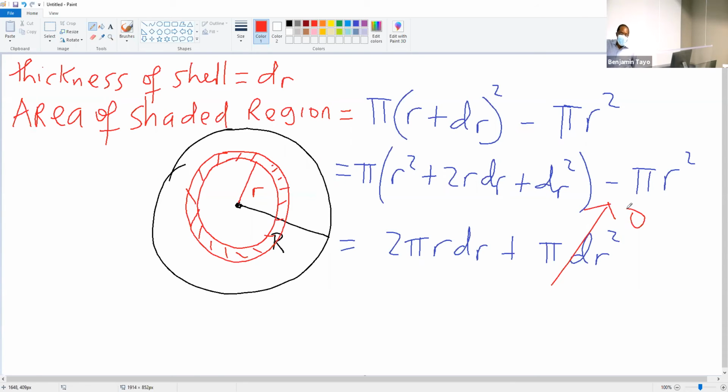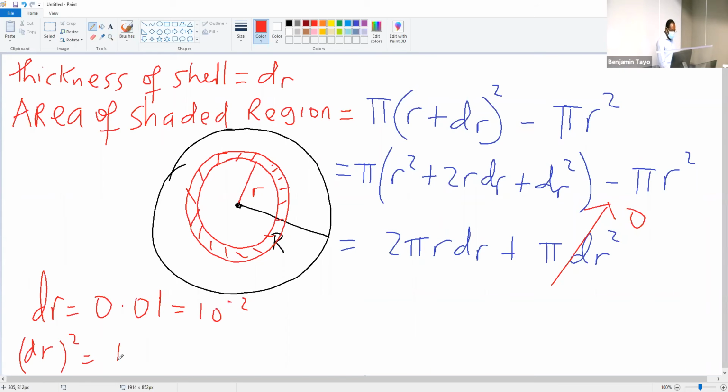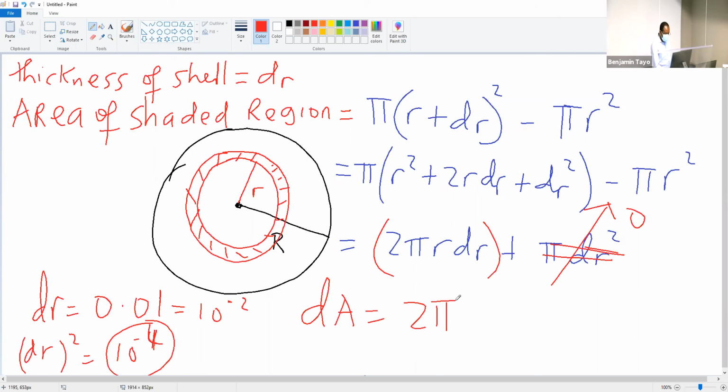If you take a number that is already very small and you square it, just as an example, if dr was equal to 0.01, which is 10 to the negative 2, then dr squared would be 10 to the negative 4. When you square a small number, it gets even smaller. So we just say that this contribution is very small and you focus on this. So your dA is 2 pi r dr, and then you calculate your dq.